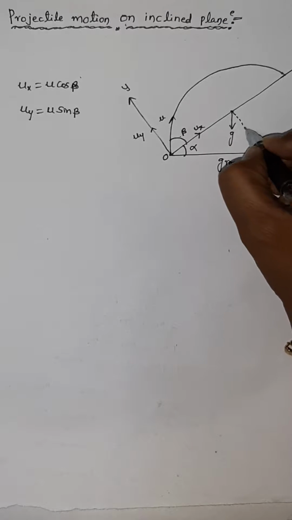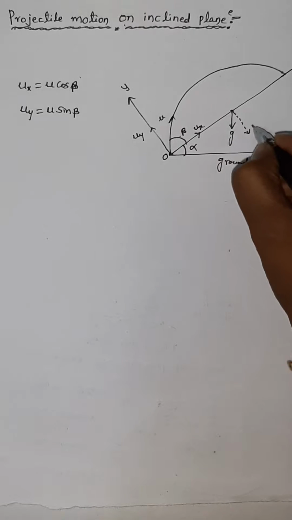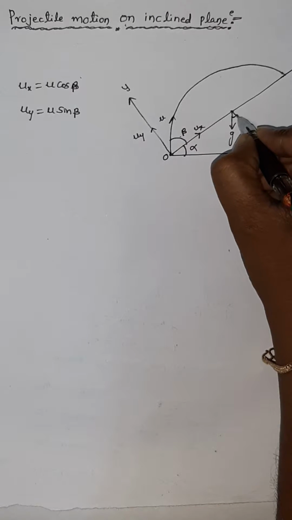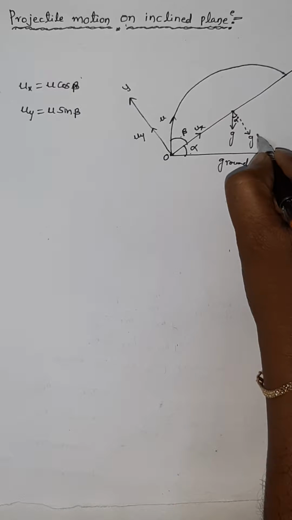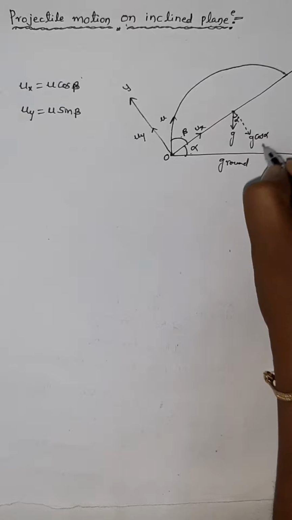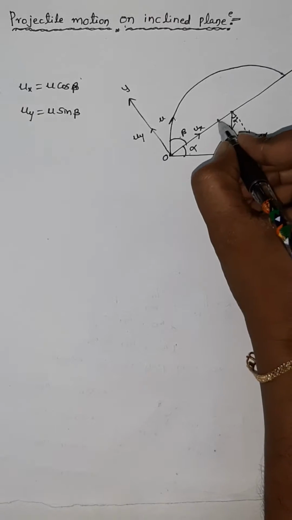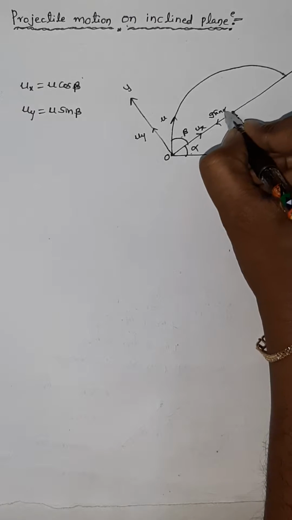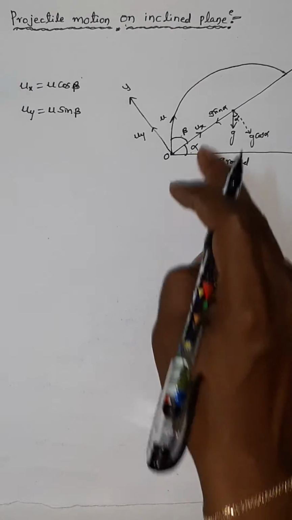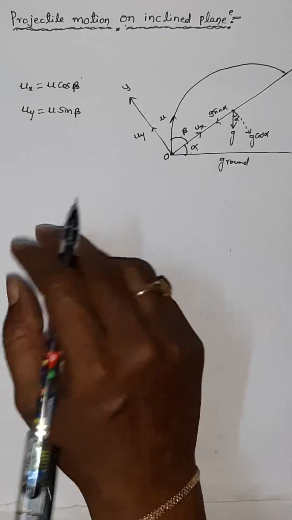One is perpendicular to the inclined plane, and this angle is alpha. So g cos alpha perpendicular to the inclined plane, and another one is g sin alpha along the inclined plane and opposite to the motion of the projectile.